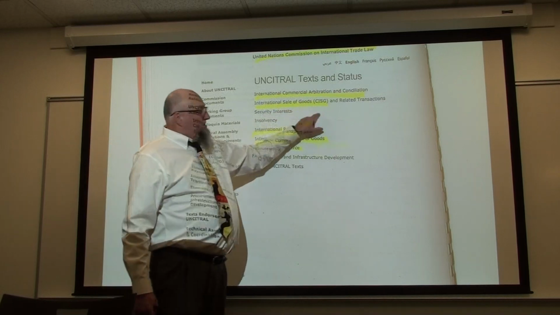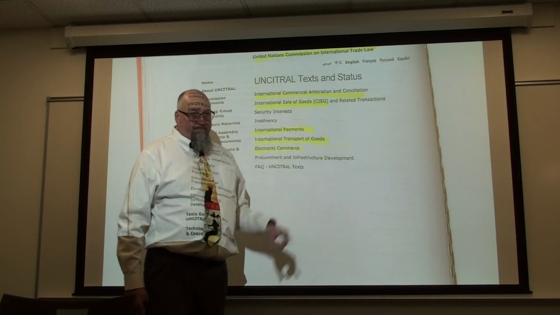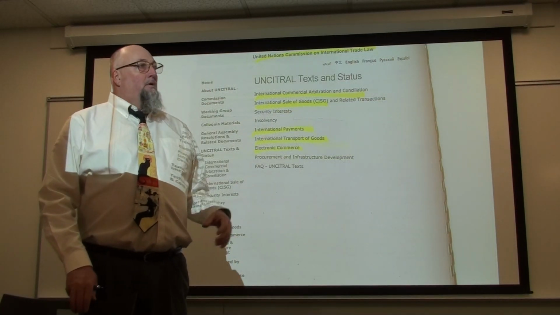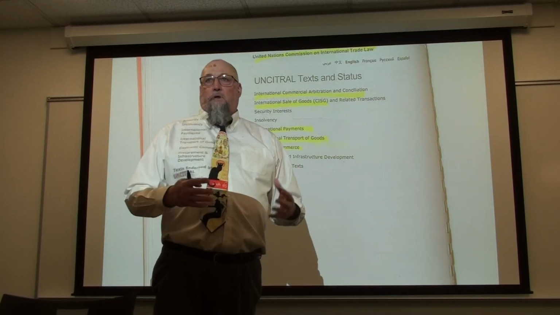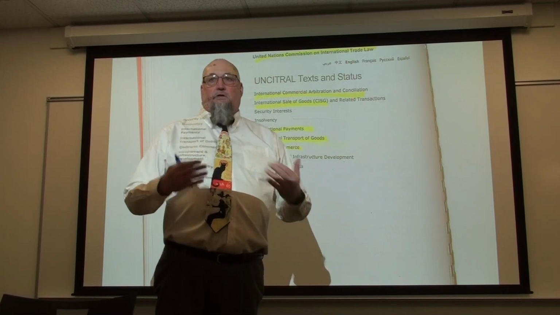International sale of goods, the CISG, we'll talk about that a little bit later in the term as well. This is a convention on the international sale of goods, which is essentially international law on how contracts are formed. And it basically is a default.